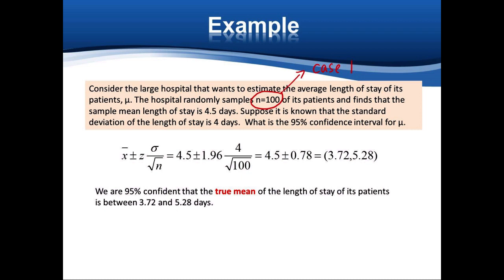The z-score for the 95% confidence level is 1.96. And n is the sample size, 100. So the result is 3.72 and 5.28.